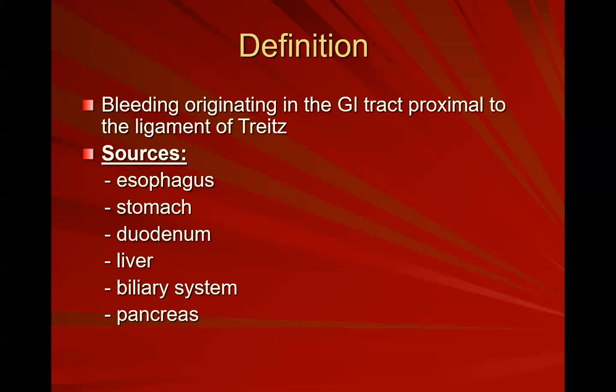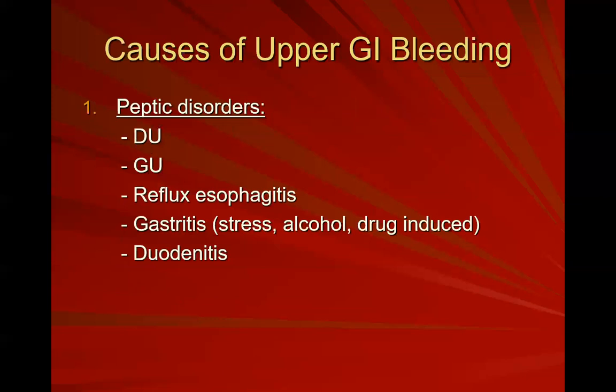The ampulla of Vater is located in the second part of the duodenum. The most common cause of upper GI bleeding is peptic ulcer disease, and I think we've talked about peptic ulcer disease in previous lectures, right?